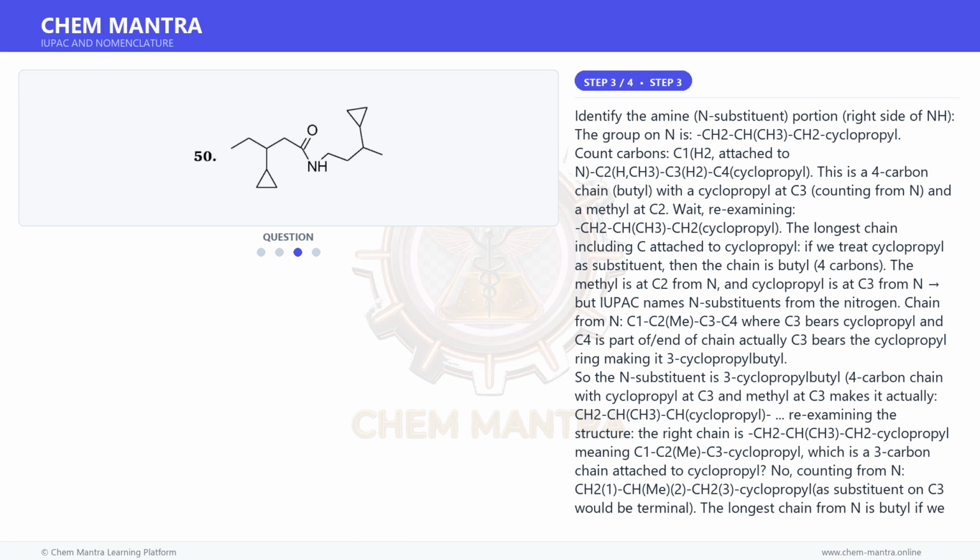Actually the structure is CH2, CH, CH3, CH2 attached to a cyclopropyl ring carbon, giving a 3-carbon chain with cyclopropyl at the terminus, equal to 3-cyclopropylbutyl, 4 carbons total: N, C1 H2, C2 H with Me, C3 H2, C4 where C4 is the cyclopropyl carbon attached, equal to 3-cyclopropylbutyl with Me at C2, or interpreting the chain as butyl, cyclopropyl at C3, methyl at C2. The given answer confirms it is 3-cyclopropylbutyl.